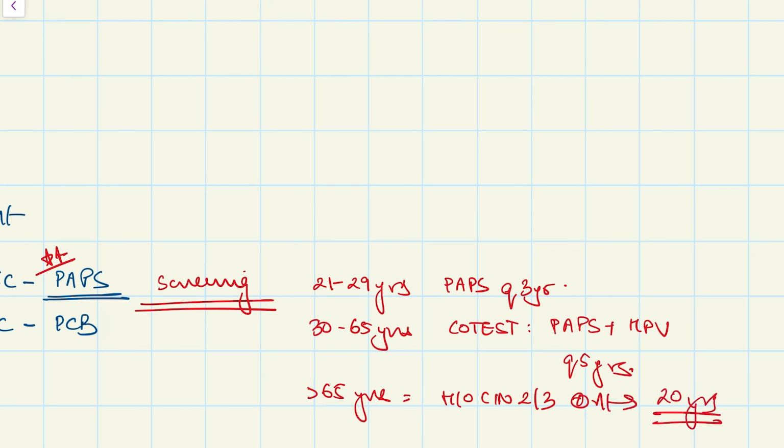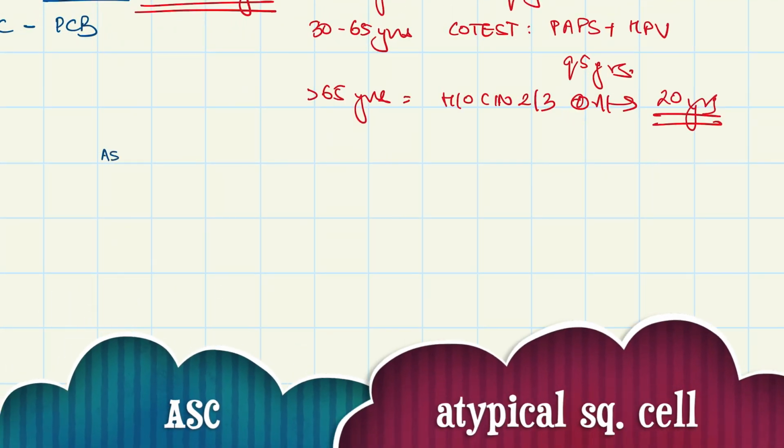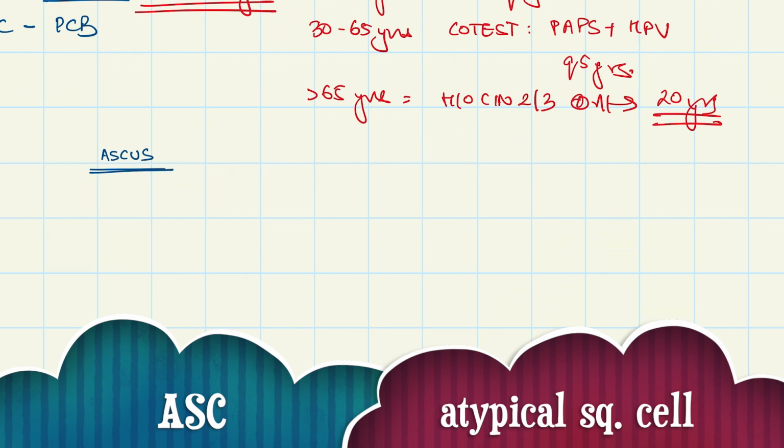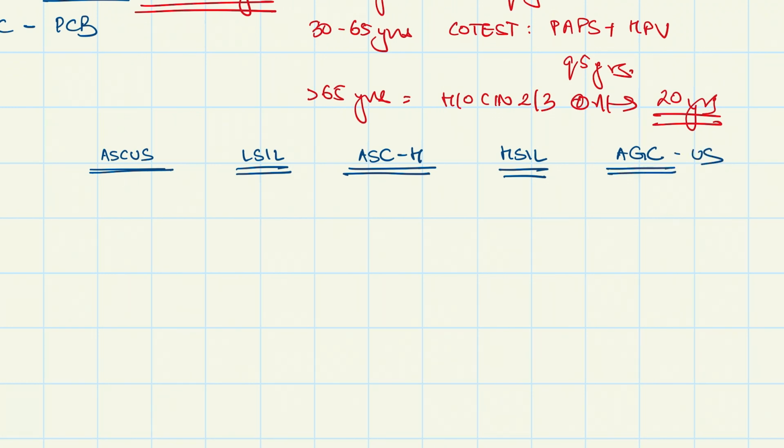Now, while reporting the Pap smear, the report can either be atypical squamous cells of undetermined significance, LSIL, ASC-H, HSIL, and atypical glandular cells, right, of undetermined origin or not otherwise specified.